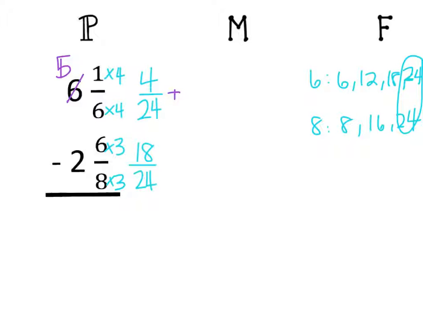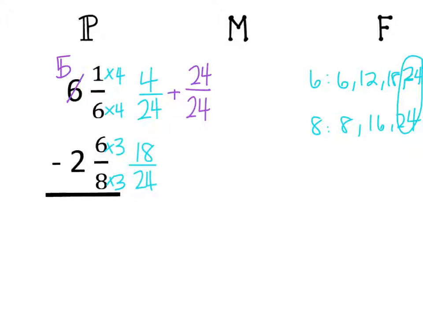Now, if I already have a denominator of 24, then I'm going to use that same denominator to make my one whole. And to make one whole, we know it's a number over itself. So this 24 24ths is equal to the one whole that I took away from this 6. Now, I'm going to put these two fractions back together.